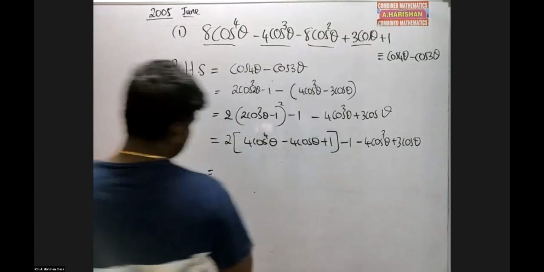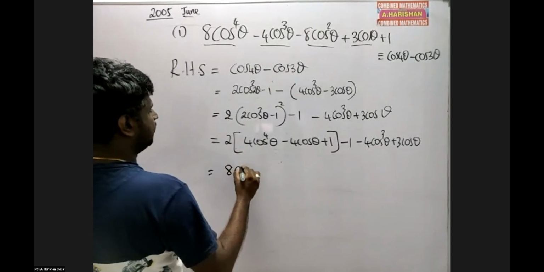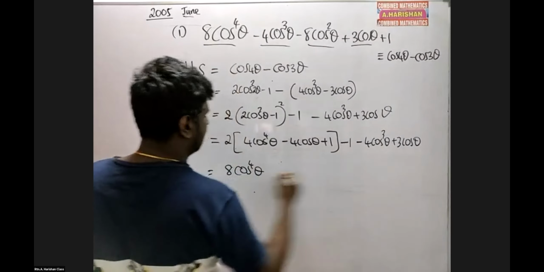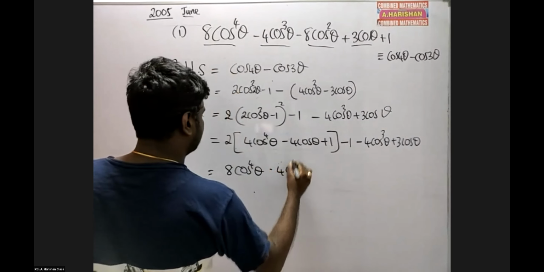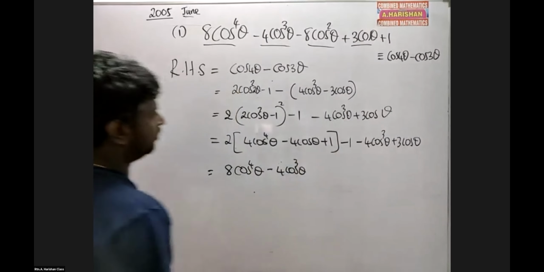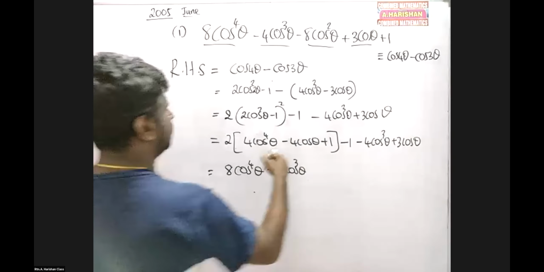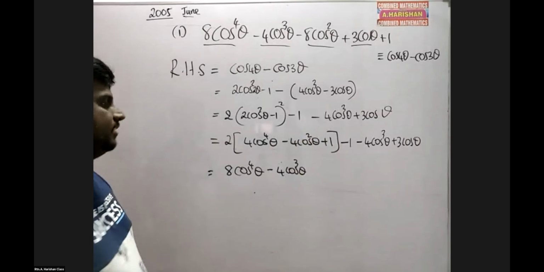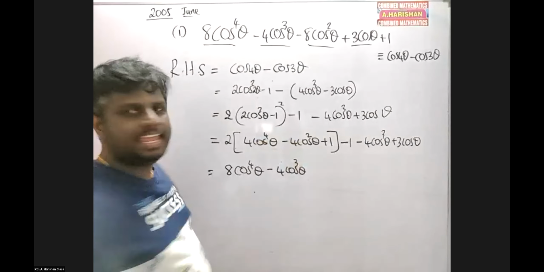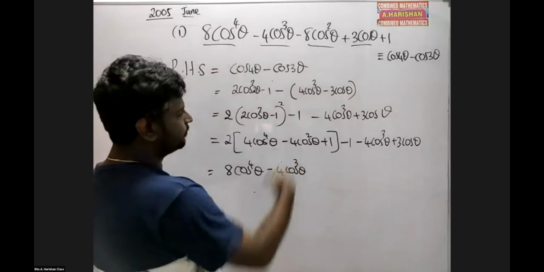So if I multiply by 2, 8 cos to the power 4 theta. So I take this one now, minus 4 cos cube theta. Then squared, there is no square here. I forgot this is squared. I forgot to put it. Now, right, because if I expand that, anyway, you will identify that.